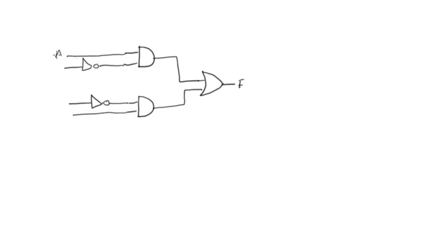We'll call this input A and this input B. Call that one A and that one B.